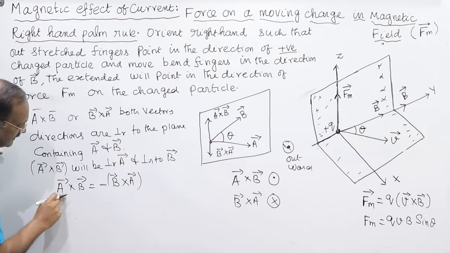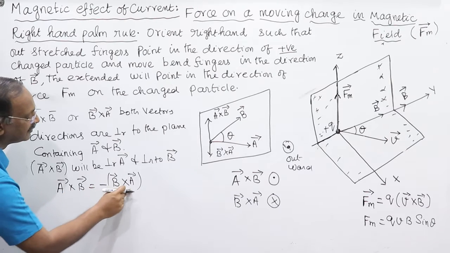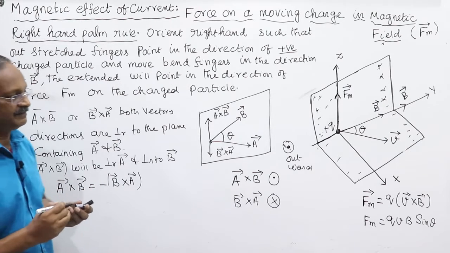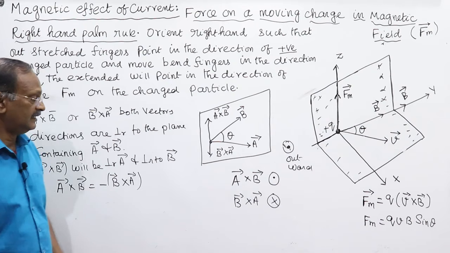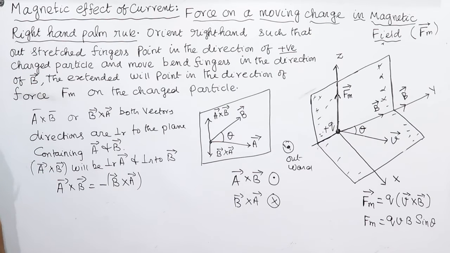It means the direction of A cross B is opposite to B cross A. This point we have to remember, and this already we have discussed in the vector classes.